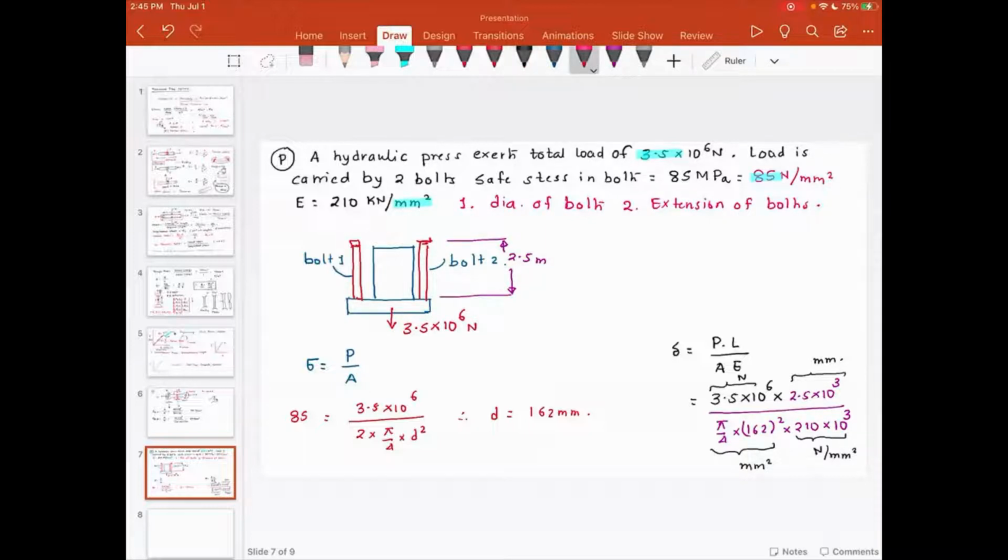So when you work out, your delta is going to be 1.01 millimeters. So please use your calculators. And if you have any questions, just try to check if my answers are correct.